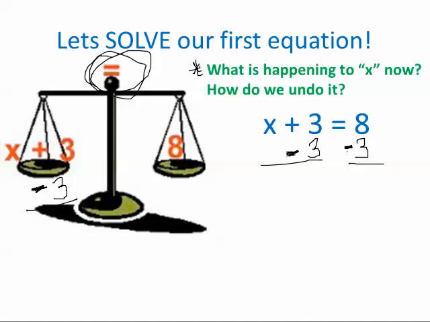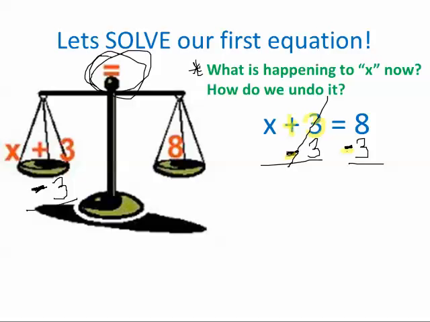What we normally want to do to an equation is undo what we see happening to the x. In this case, it's plus 3, so I'm going to subtract 3 from both sides. And look what happens when I do. Positive 3 and negative 3 go to 0, and they're not in here anymore. I don't usually write that 0 in my equation.